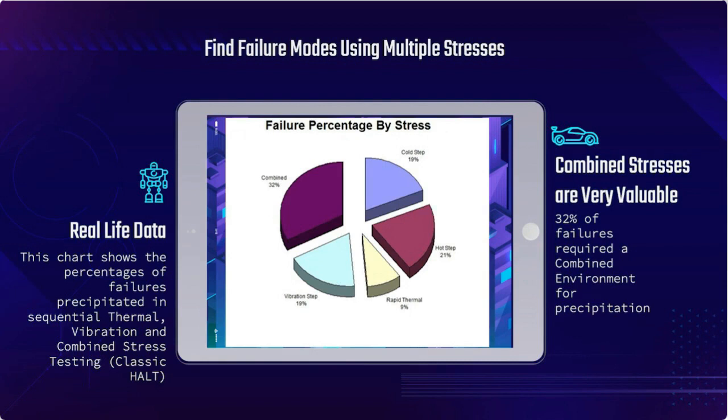But when you combine the vibration and thermal, you get the final 32% of the failures that were found in these tests. So what this data is telling us is that we'd miss about a third of the failure modes that could exist in a product if we weren't able to combine the thermal and the vibration stresses.